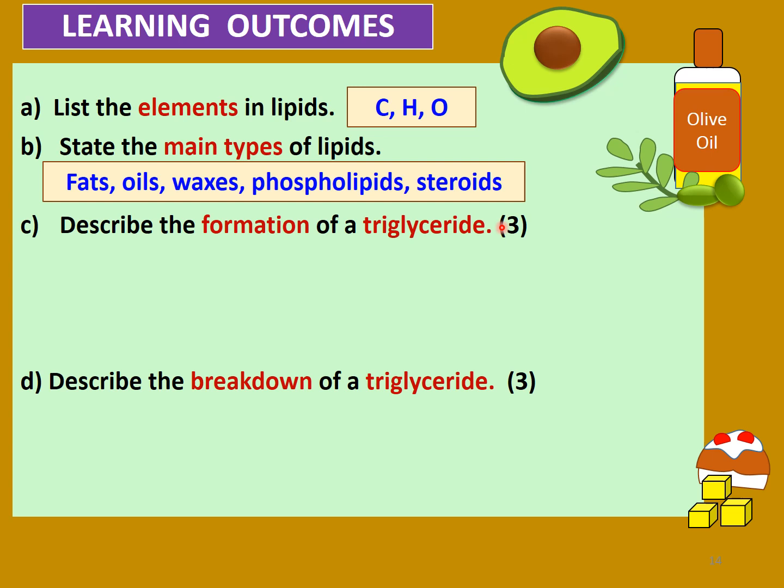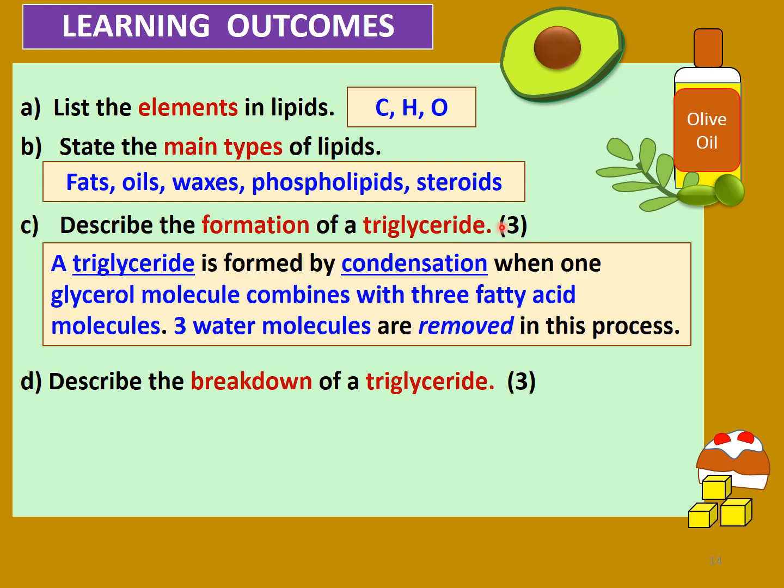What molecules will combine? 1 molecule of glycerol and 3 molecules of fatty acids. And in the process, water molecules will be removed. Let's read together: a triglyceride is formed by condensation when 1 glycerol molecule combines with 3 fatty acid molecules. 3 water molecules are removed in this process.